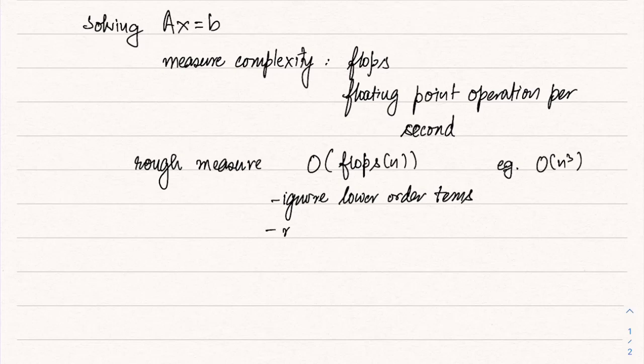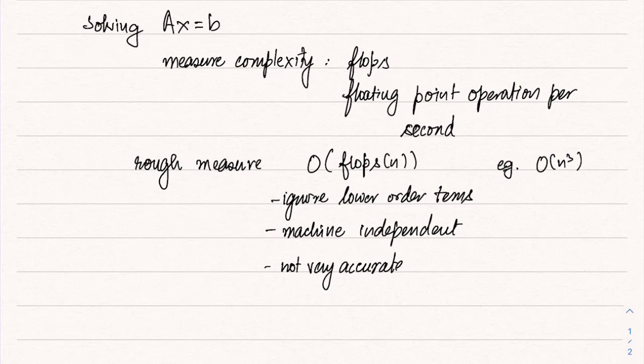Then it is largely machine independent, because it does not matter if I have a fast CPU or a slow CPU, I am just giving you the flop count. This measure of an algorithm in terms of flop count does not depend on the machine. But at the same time, it is not very accurate.